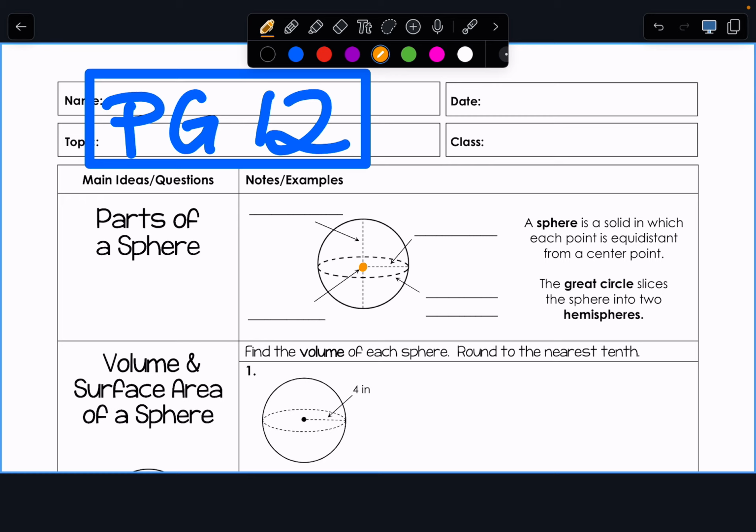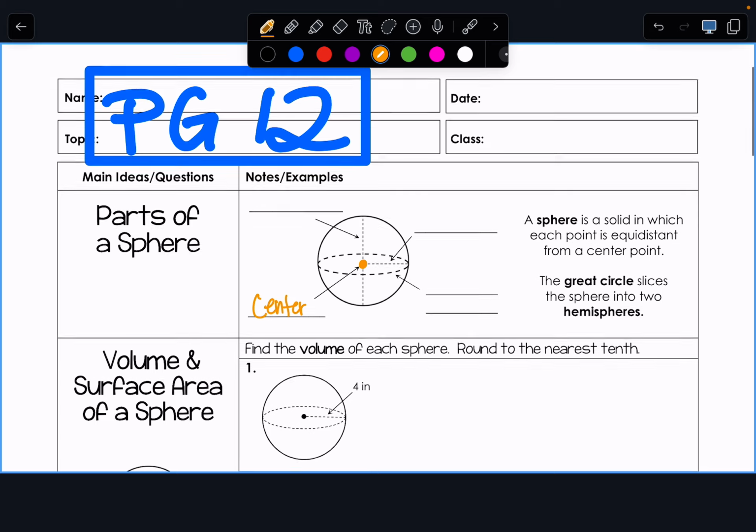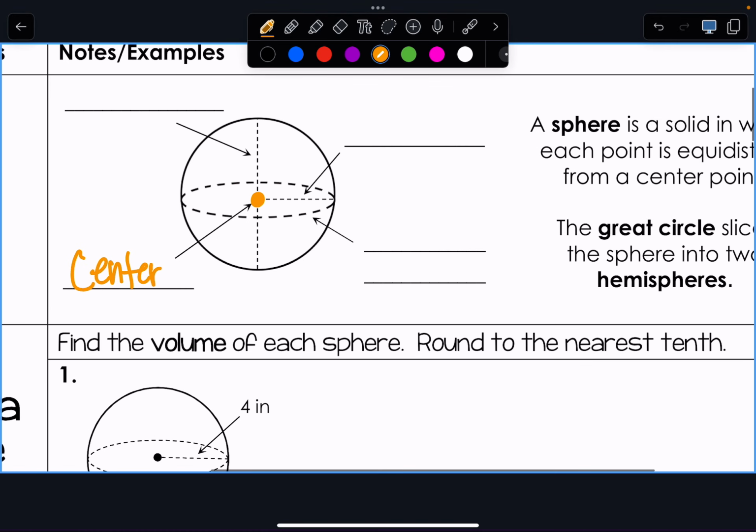Dot. Where is it? It's the center. How about this? What is this called? It is the radius.